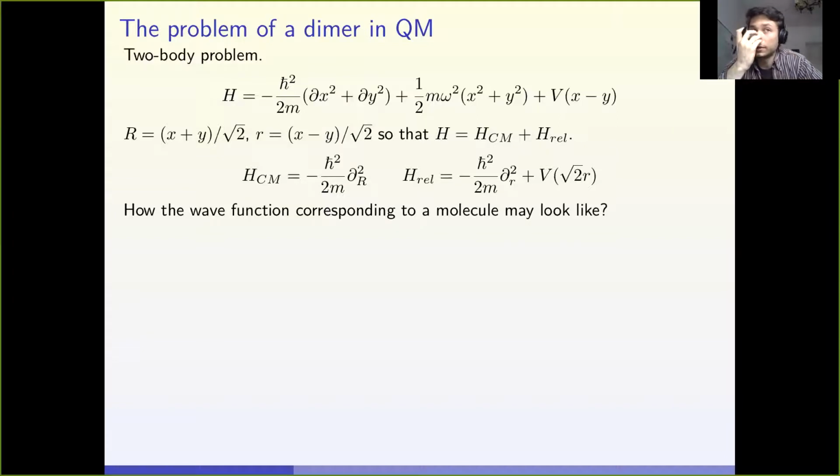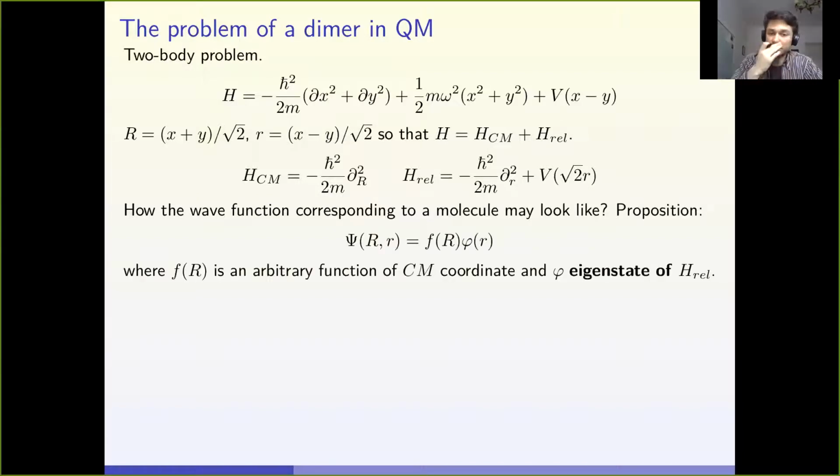And one may ask how the wave function that would correspond to a real molecule may look. So I will give you a proposition of the wave function, and we will decide whether it is good or not just by looking at its time evolution.